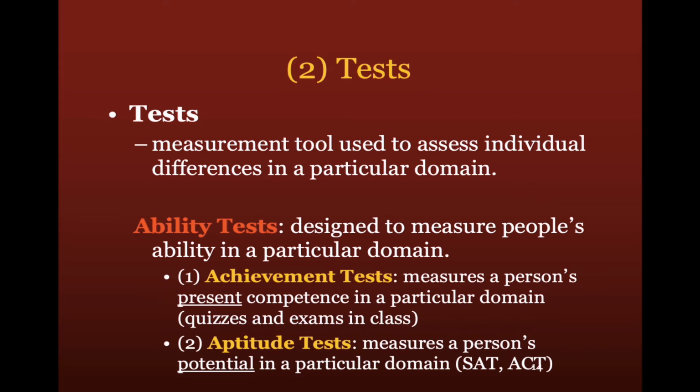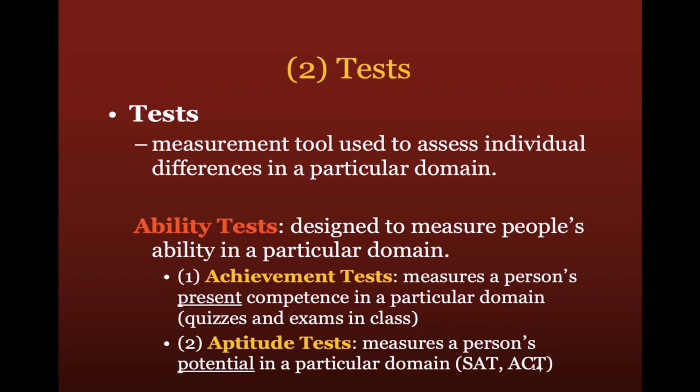And within an ability test, we have what are called achievement tests. So these are tests designed to measure someone's present competence in a domain. So if you're taking a quiz in a class or an exam in a class, those are achievement tests. They're trying to assess your present knowledge or understanding of a particular content. In contrast, aptitude tests are trying to look at your potential in a particular domain.